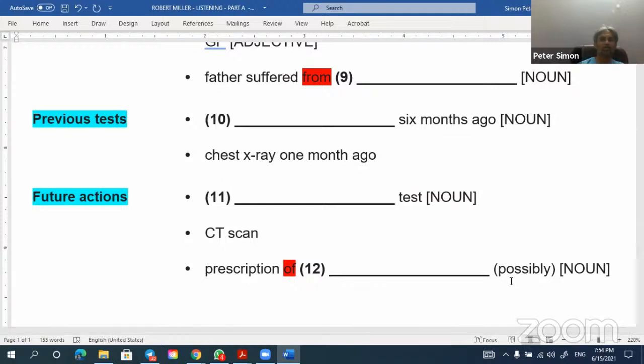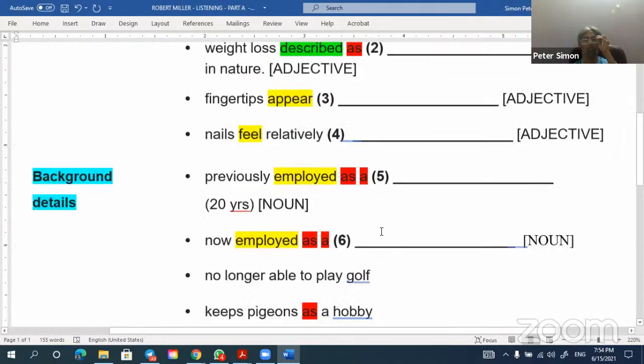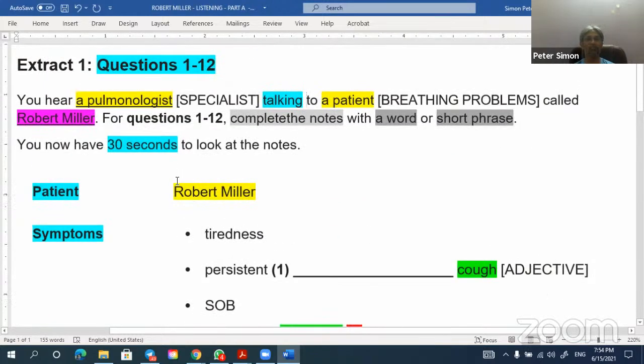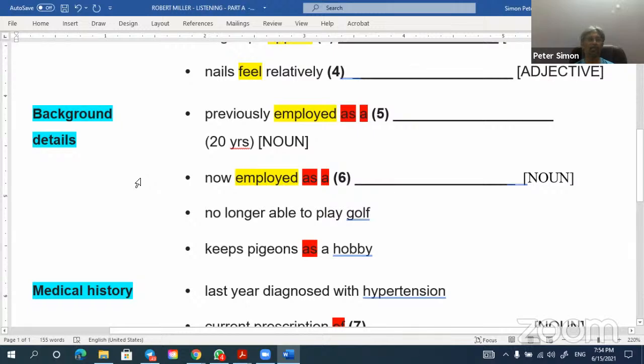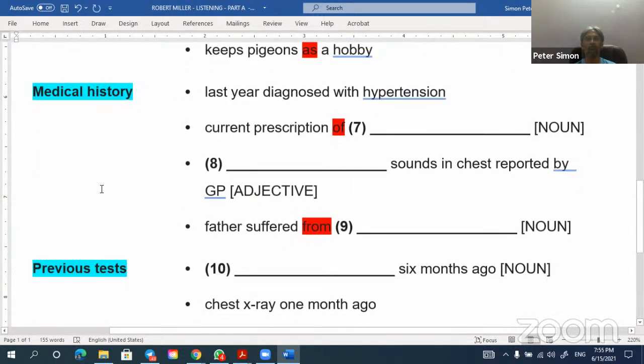Now the GP has taken care of him until now. So the GP has given a referral to a pulmonologist, and the pulmonologist is handling things. He is discussing the symptoms, then the background details, his work and other things, then medical history, what he was diagnosed with earlier, and all the related things.